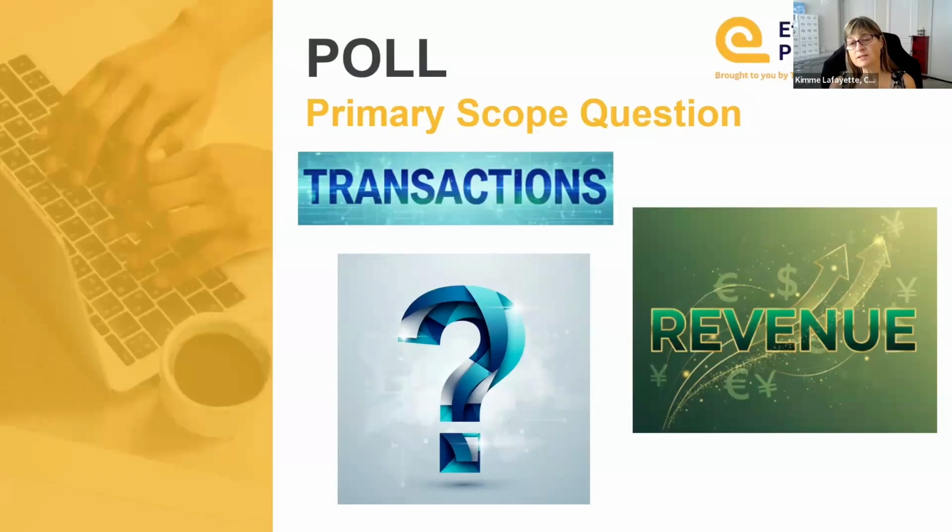I've also seen some people ask their first question about how many bank or credit card accounts they have. I think that's a great question. I'd be curious if anybody's using it, their reason for having it as their primary question. But these are your three choices. So transactions, revenue, or something else.